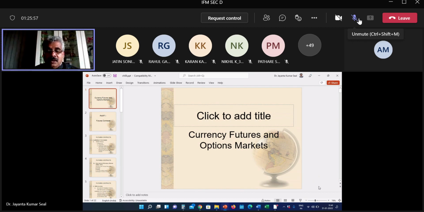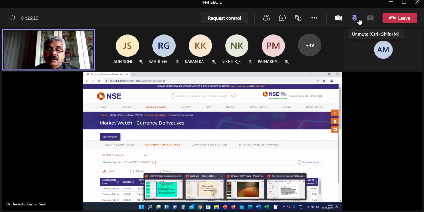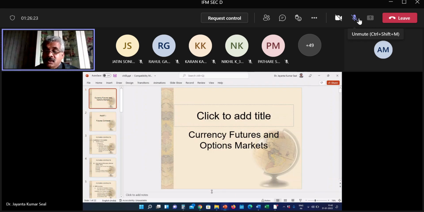So just check, 24th of February is what day? Because stock is Thursday. Let's see. Currency is also Thursday, the last Thursday of the month. So it will expire on the last Thursday of the month. So that is what is standardized. The date when it will expire is also standardized.